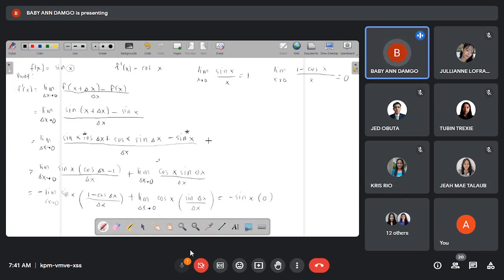Plus, kani, ang cosine x kay copy ni kay this is constant with respect to the change of x, times the limit of sine the change of x over the change of x as the change of x approaches 0, which is 1. So, simplify. This is equal to cosine x.